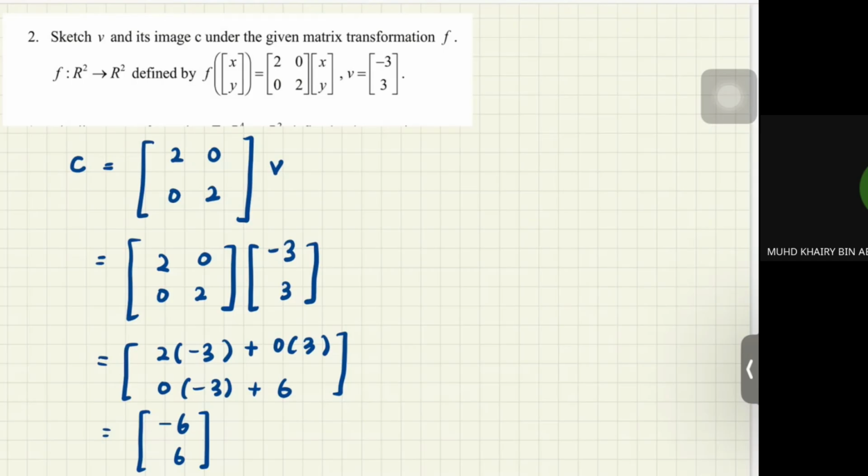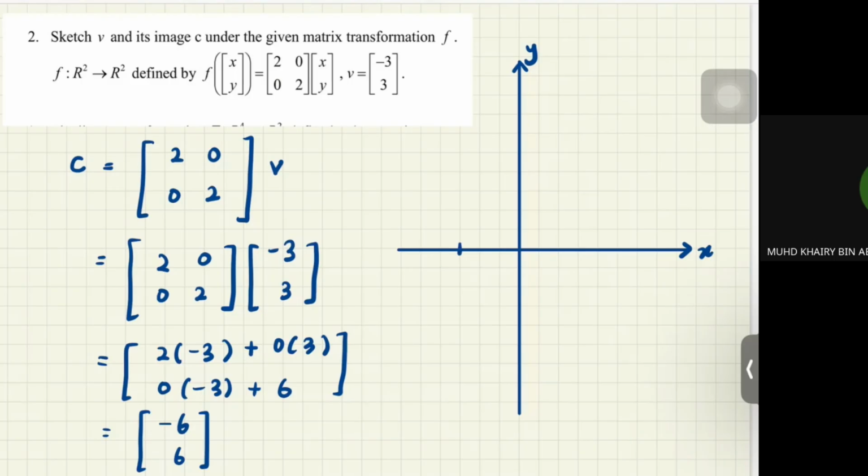So this is the image C. Now you have to sketch the object V and the image C on the XY plane. For V, (minus 3, 3), here. And for the image C, (minus 6, 6).